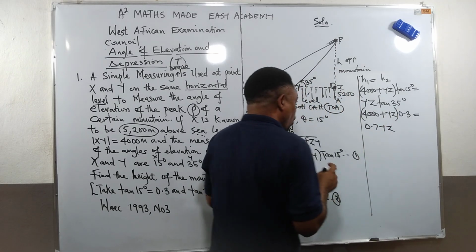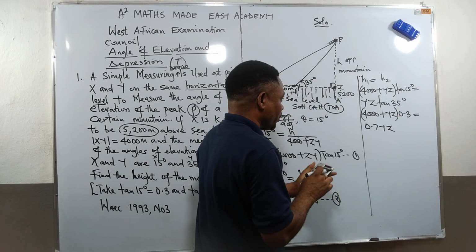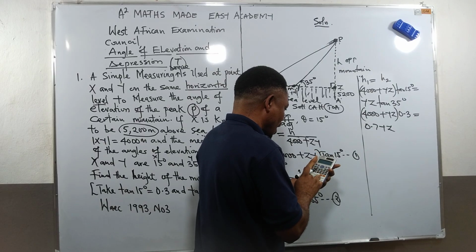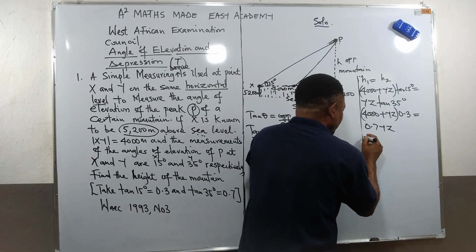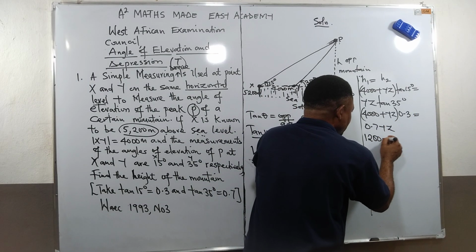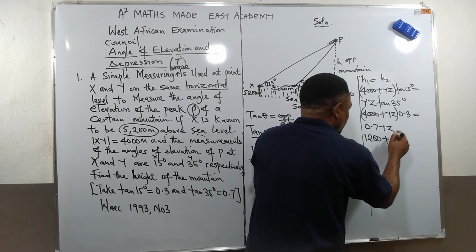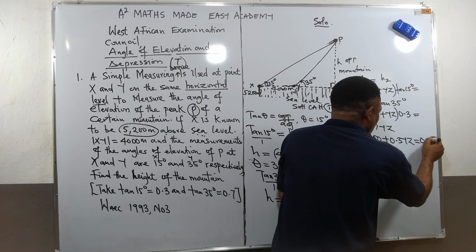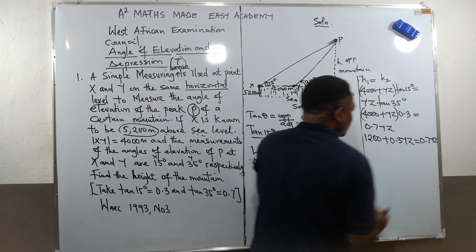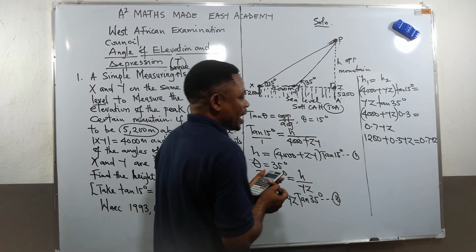The next thing is to open the bracket on the left. Am I communicating now? I will now say 4,000 times 0.3. Look at what it gives me: 1,200. Then plus yz times 0.3, which is 0.3 yz, equal to 0.7 yz. Our target is collection of like terms.